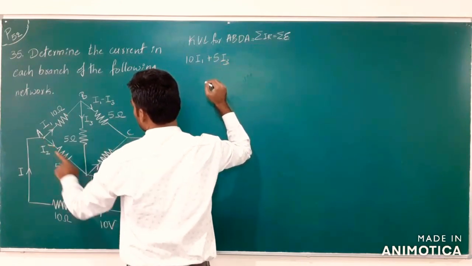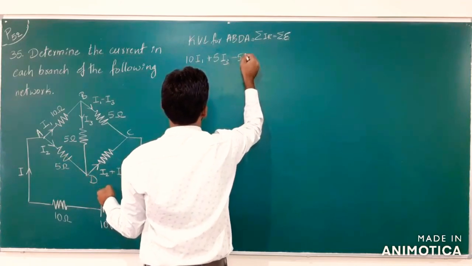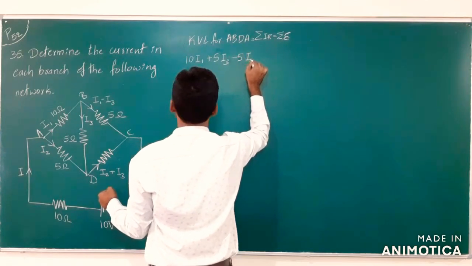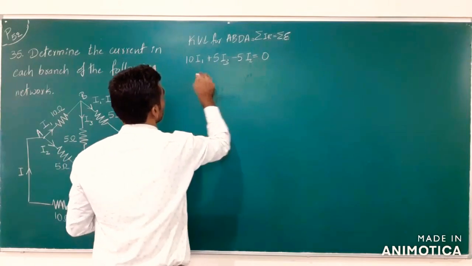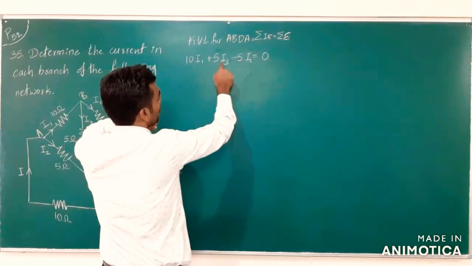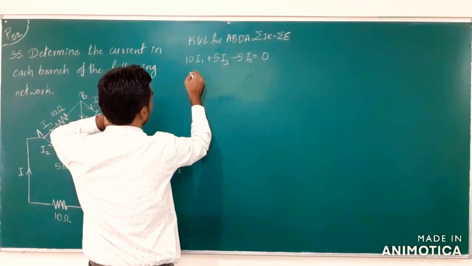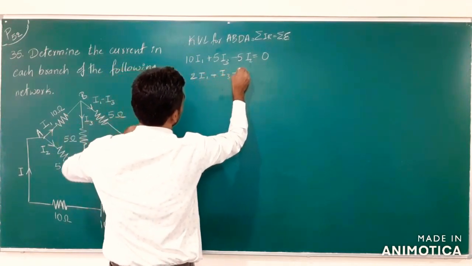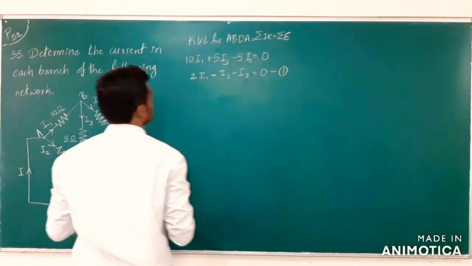Then D to A, I2 with 5 ohm opposite direction, minus 5 I2, is equal to 0, no cell. Let me reduce the equation. You have 10 I1 plus 5 I3 minus 5 I2 is equal to 0. Dividing the entire equation by 5, this reduces to 2 I1 plus I3 minus I2 is equal to 0. Let me name this equation 1.